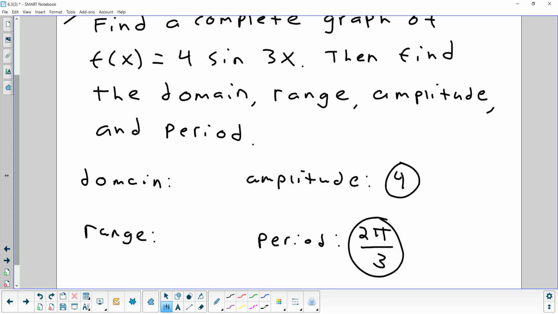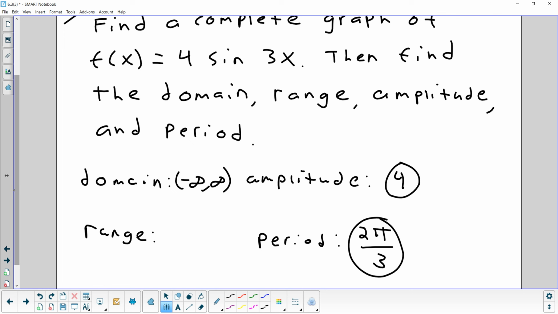How about the domain? Yeah? All real numbers. We've talked about that. And the range. Well, think about what the range would have been originally. What's the highest and lowest value for sine? Just basic sine. Yeah?